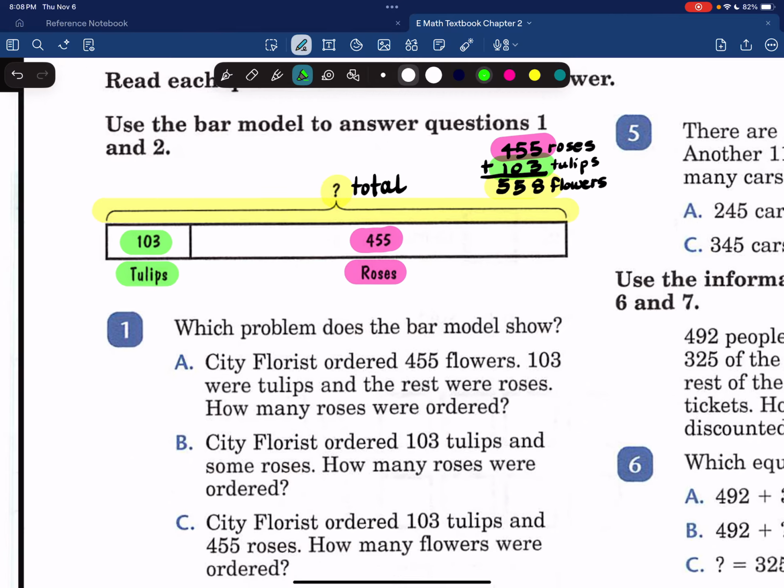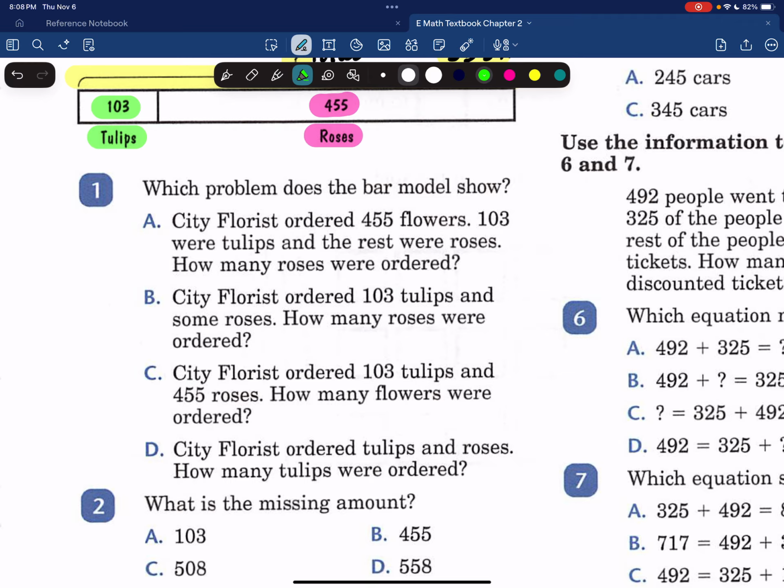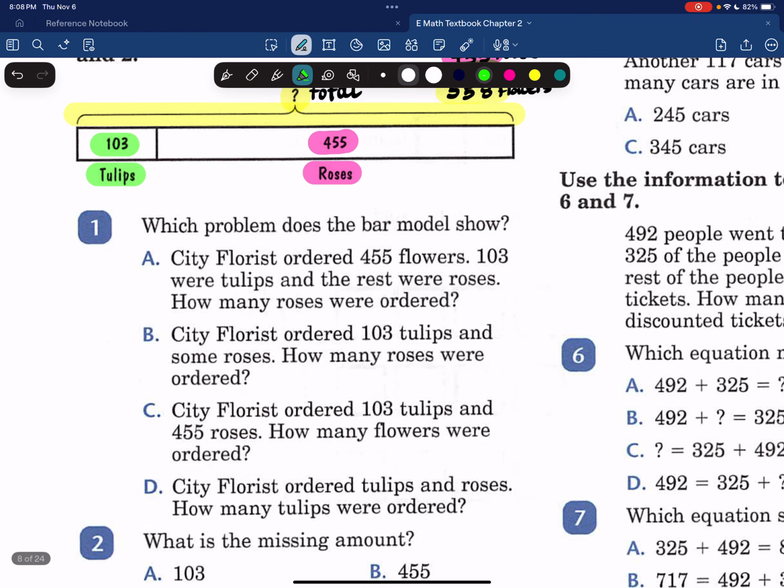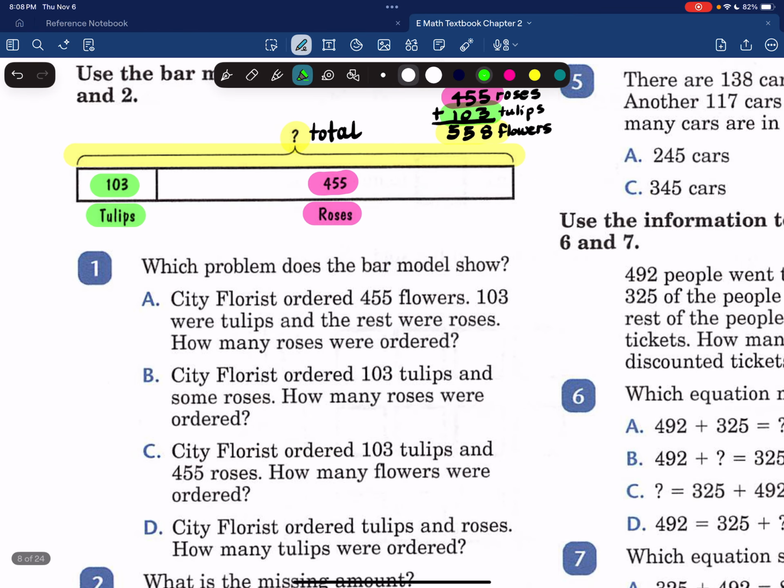Which problem does the bar model show? City florist ordered 455 flowers? No, we can stop right there. City florist ordered 558 flowers.